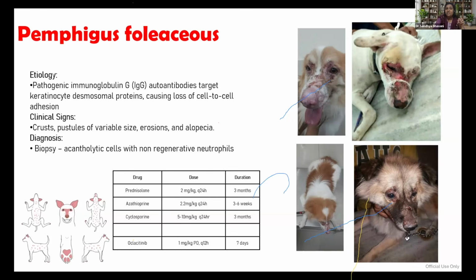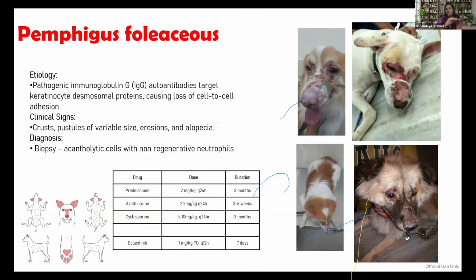So what happens here? The keratinocytes are attached together, and the attaching proteins are affected. Autoantibodies are produced against the proteins that help in the adhesion of the keratinocytes. We know there are several layers in the epidermis and dermis, so foliaceus is a superficial affection.